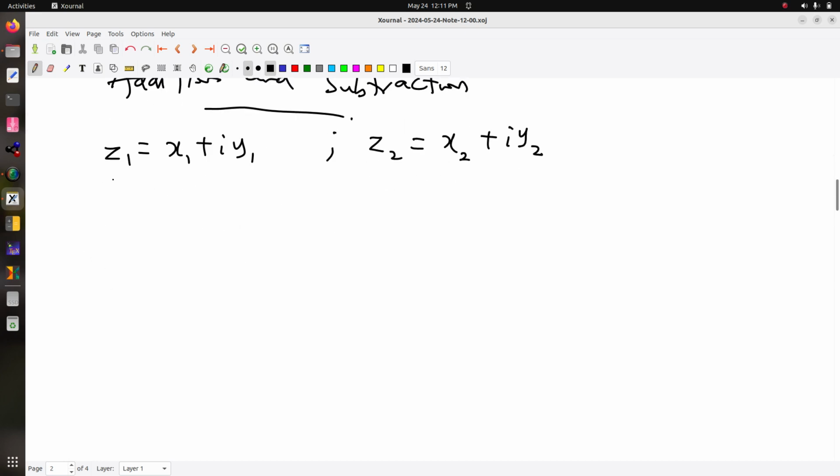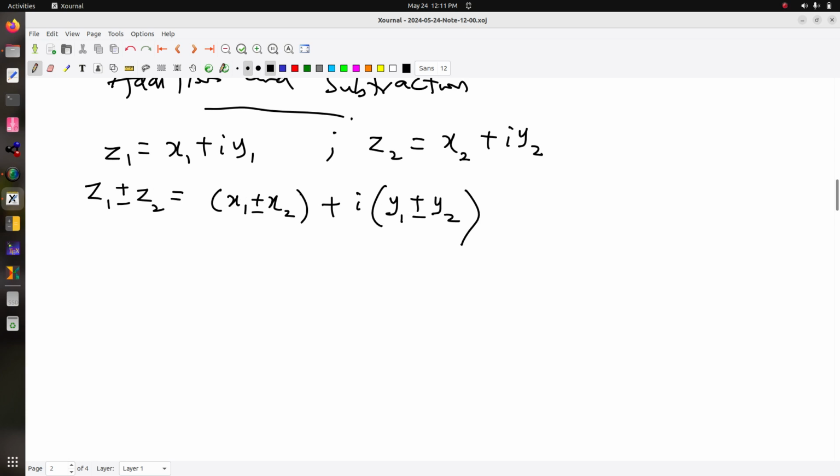Then if you want to add or subtract z1 and z2, you add or subtract the real parts, and then you add or subtract the imaginary parts. So the imaginary part will also be y1 plus or minus y2. If it is addition, you choose x1 plus x2 plus i into bracket y1 plus y2.